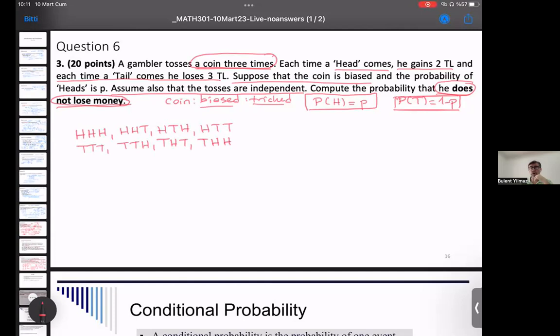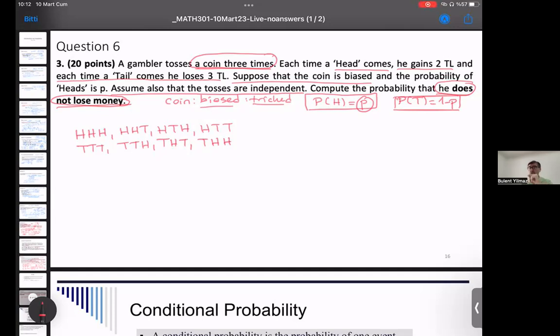Arkadaşlar, there is no answer like 1/3, 2/3. It should be related to P. Probability of obtaining heads is P. Probability of obtaining tails is 1 minus P. So it's not 1/2, 2/3. I'm talking about something related to P. Okay, for example, Hüseyin Esad just shared P cubed plus P squared minus P. It should be something like that, okay?